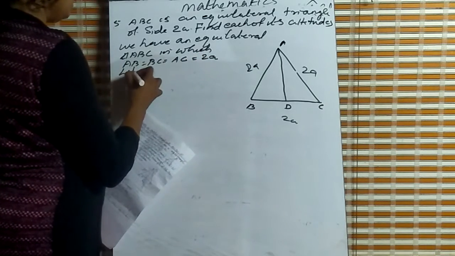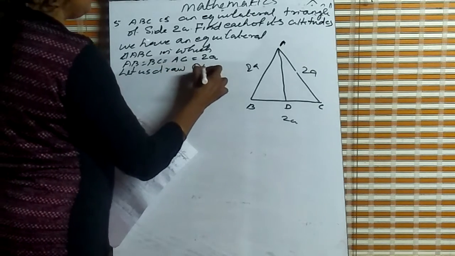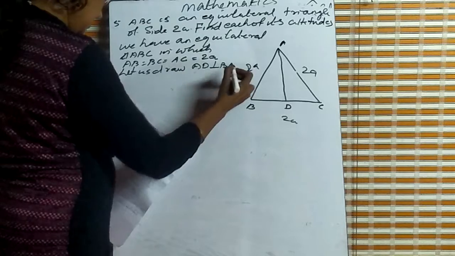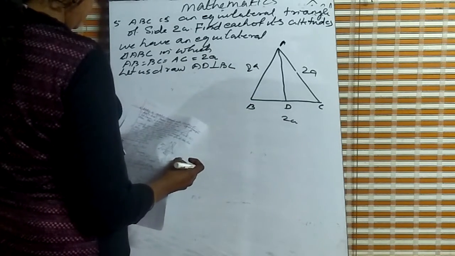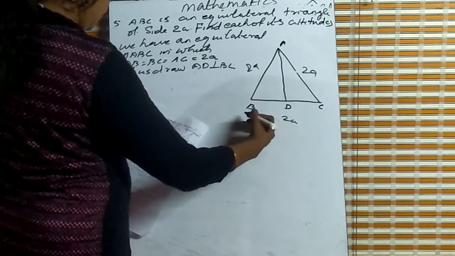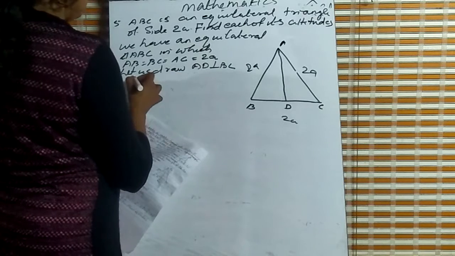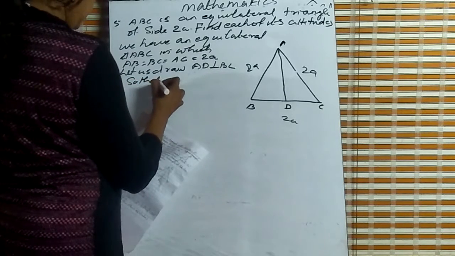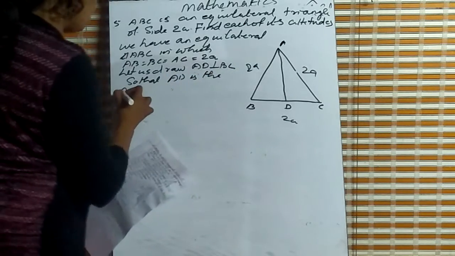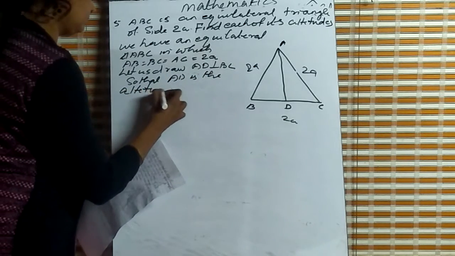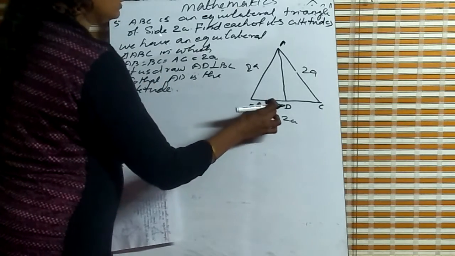Let us draw AD perpendicular to BC, so that AD is the altitude. AD is the altitude.